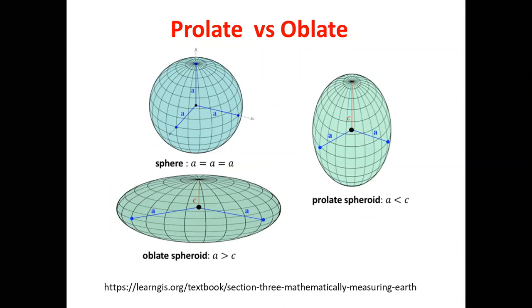Now, if in any one direction, may be X or Y or Z, the two other axes are reduced, that is known as prolate, a prolate spheroid. If two axes are increasing and the third axis is decreasing, that is known as oblate.